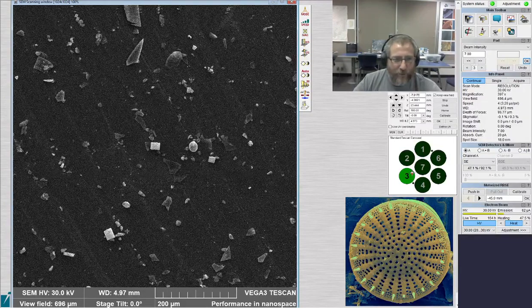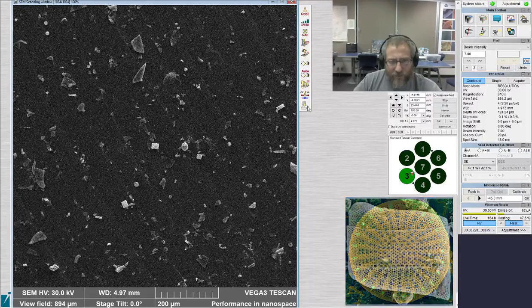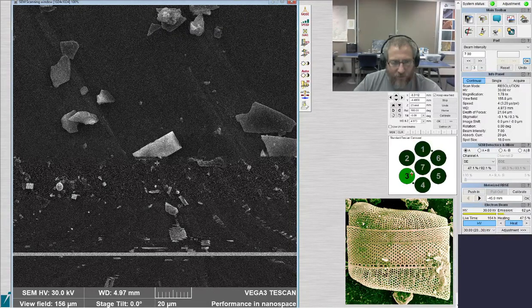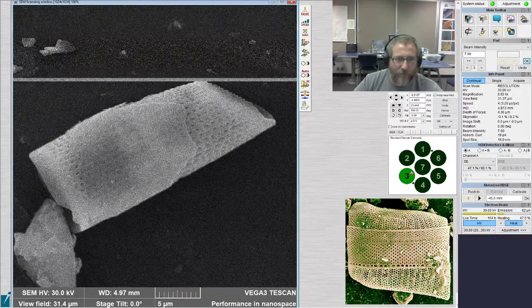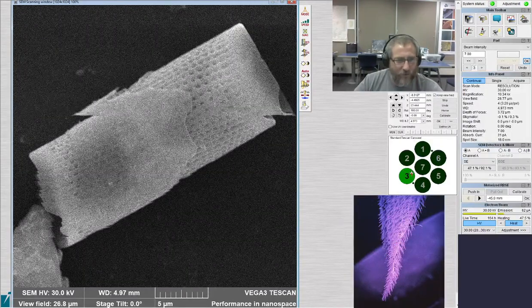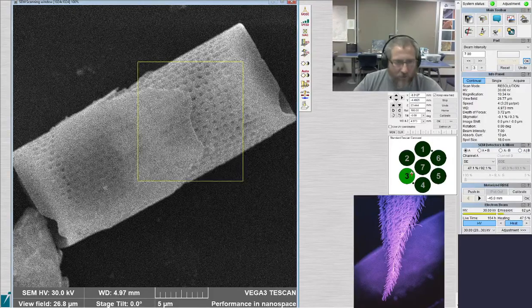Yeah, I can Photoshop and tweak it a bit too. Let's see what this guy is. Oh, this one's got a bit of the girdle band on it, but I think it's the one we were just looking at. A little twisted, you know, a little bit.